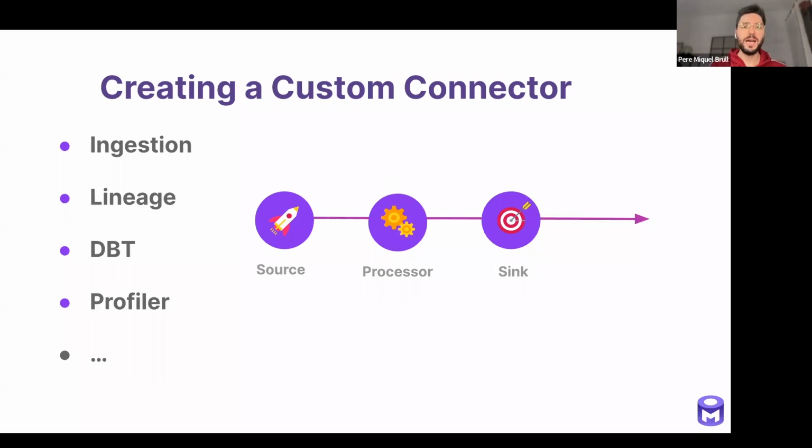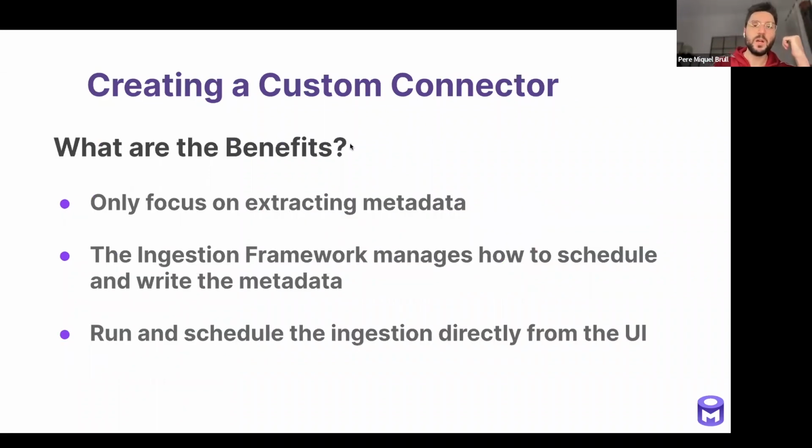Now, how does this connect to creating a custom connector? The idea is that we don't really need to care about how this data gets into the server, because we already have this abstraction, we already have this logic flow on how the metadata gets extracted and how the metadata then reaches the OpenMetadata server.